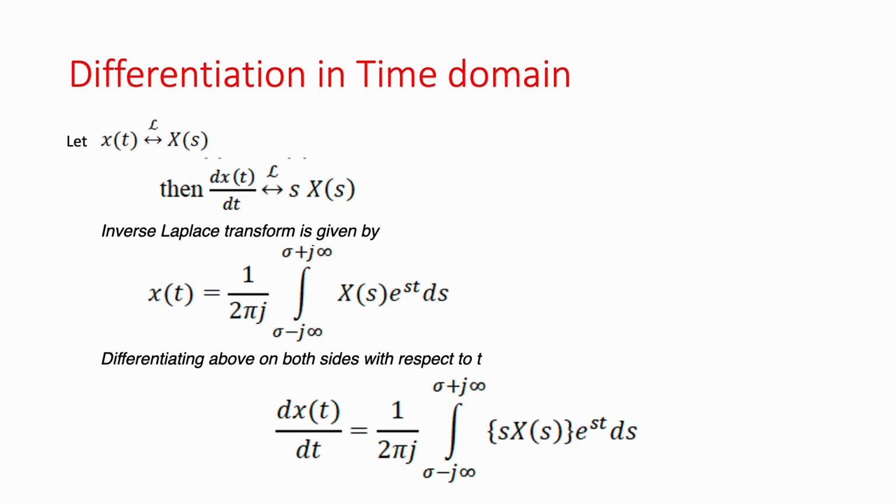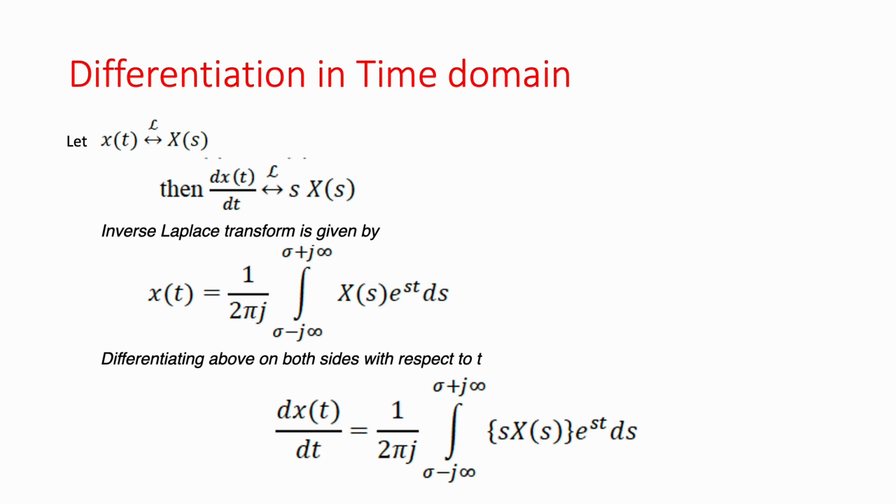All of you know the inverse Laplace transform formula we have written here: x of t equal to 1 by 2 pi j integral sigma minus j infinity to sigma plus j infinity x of s e power st ds. This is the inverse Laplace transform.